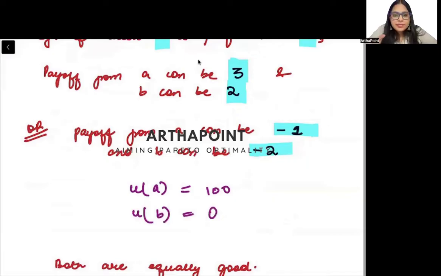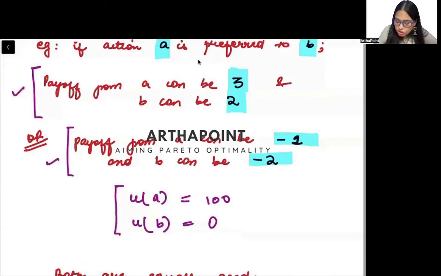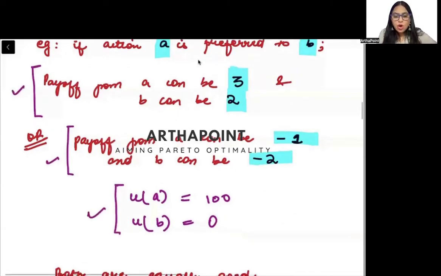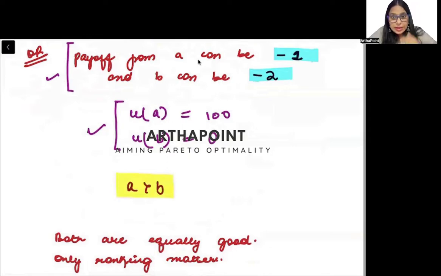It does not matter. All these three things are same to me. मेरे लिए इन तीनों ही चीजों का मतलब same है. All these three things mean that A is preferred over B.